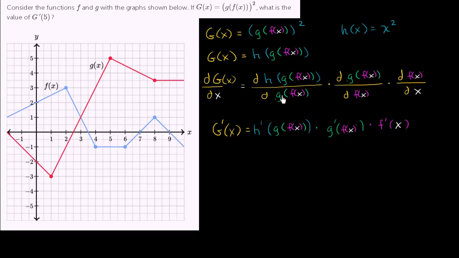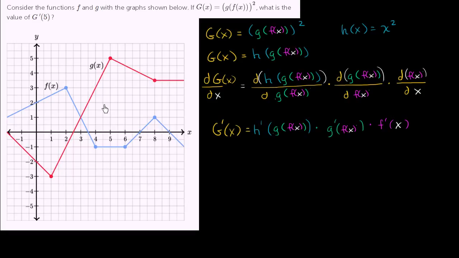If you did view these as fractions, that would cancel with that, and that would cancel with that. You're taking the derivative of everything with respect to x, which is exactly what you wanted to do. This is h prime of g of f of x, this is g prime of f of x, and this is f prime of x.